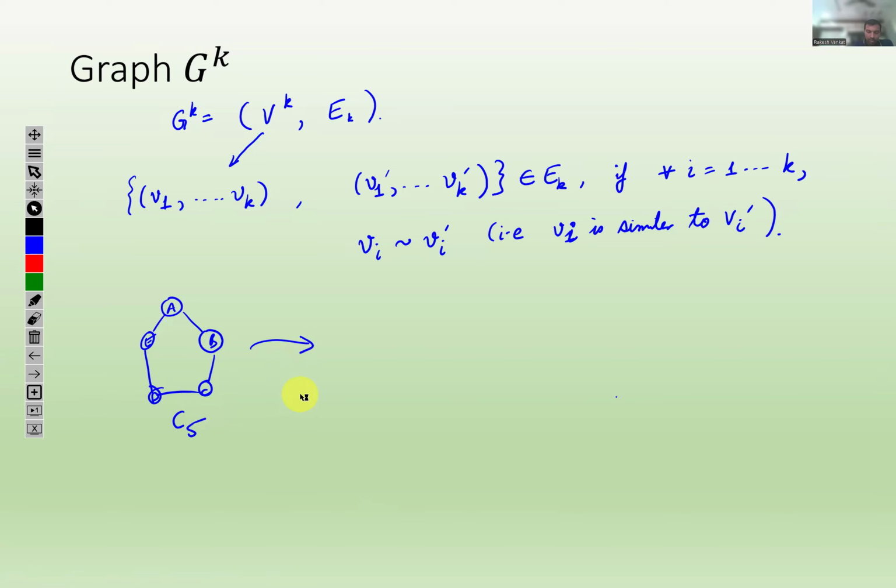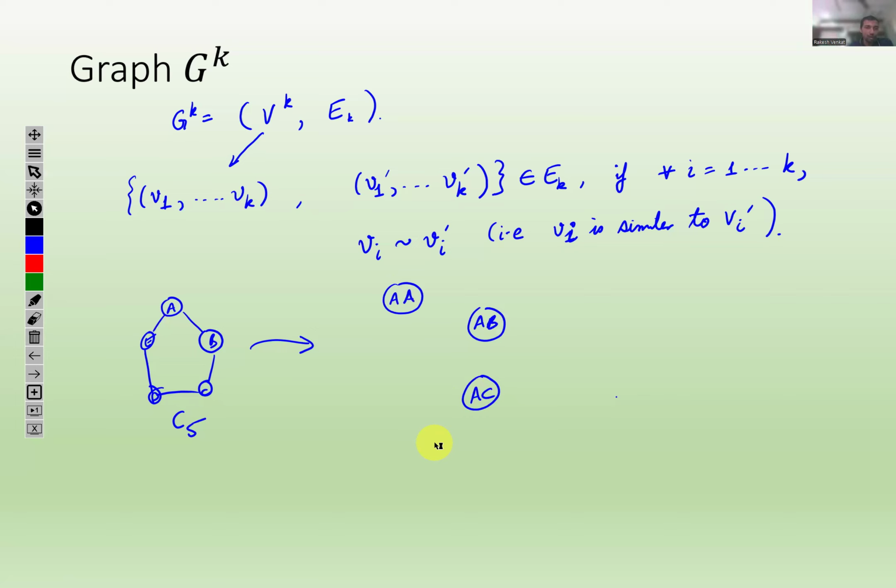I'm calling it square, but this is the power. The words are going to be length k words. So I'm going to have all possible combinations like AA, AB, AC, and so on. So 5 times 5, I'll have 25 vertices, correct?